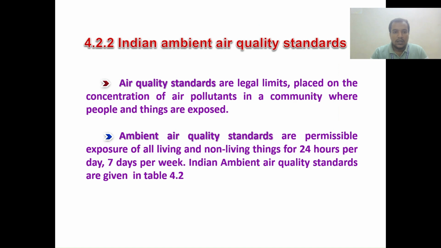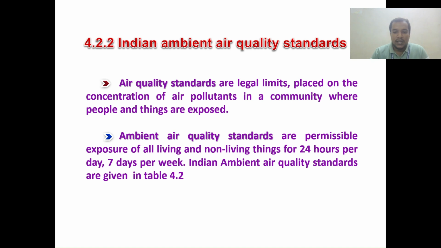And the air quality standards: the Indian government has fixed the standards of air quality. It is a legal limit placed on the concentration of air pollutants in a community where people and things are exposed. The ambient air quality standards are the permissible exposure for all living and non-living things for 24 hours per day, 7 days per week.